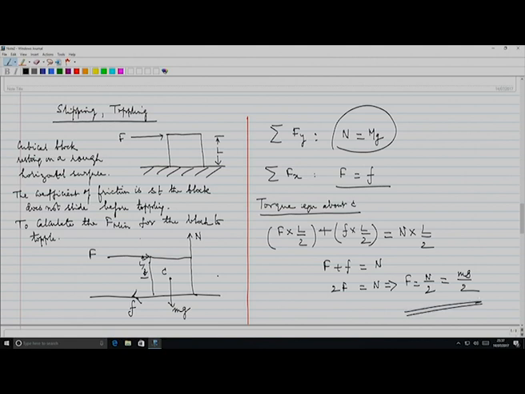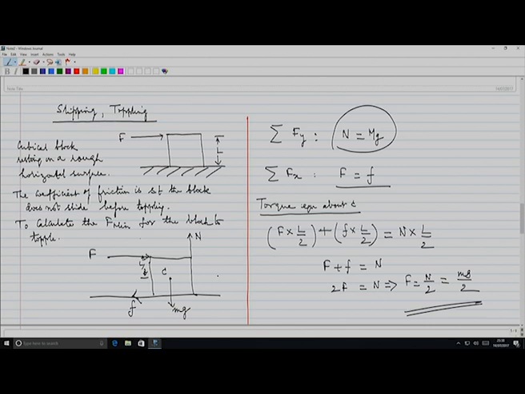What is interesting about this problem is you need not know the value of mu, because the question is what is the minimal force that is required to topple it. What we have made use of is the force balance equation along the x direction and along the y direction.